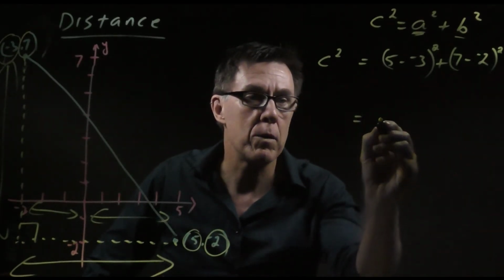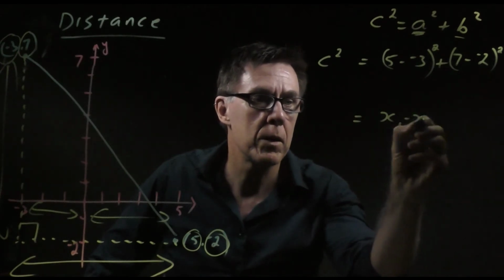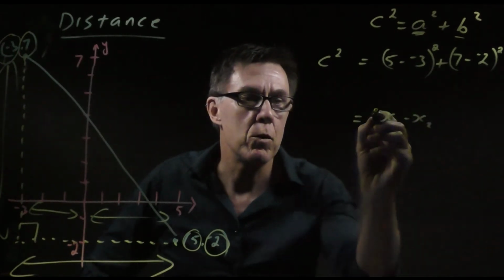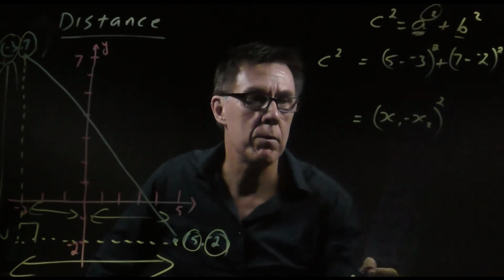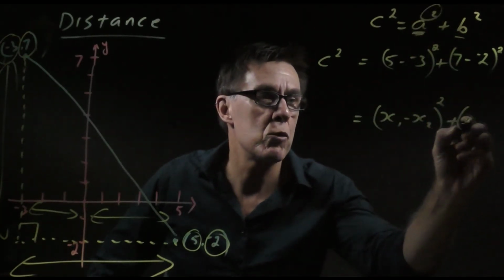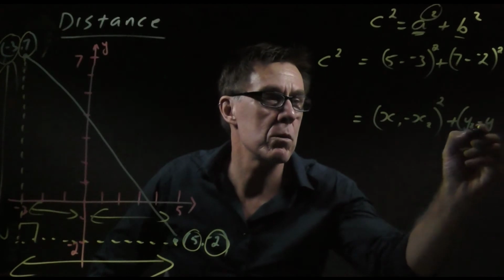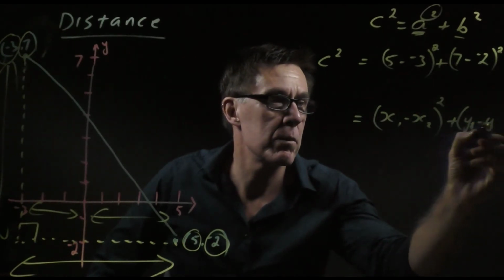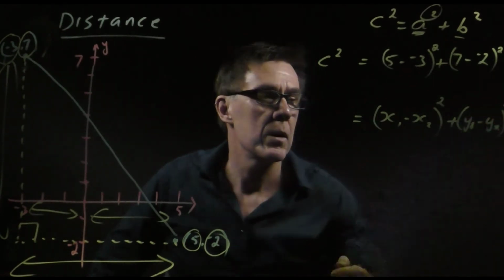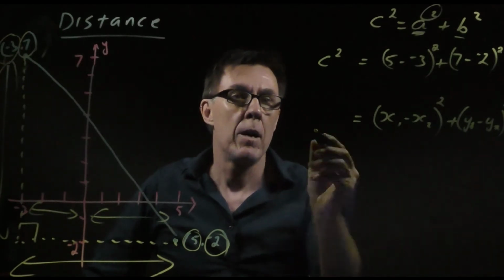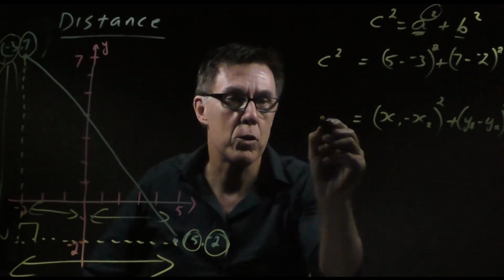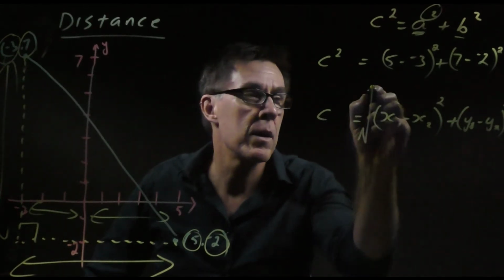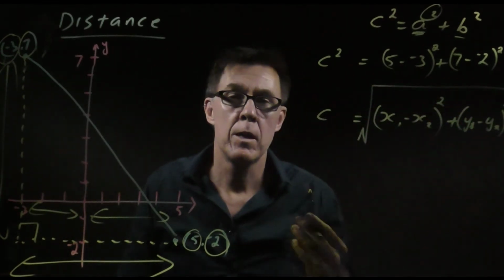Our general formula is going to be, I just subtract the x values, which will give me the distance in the x direction, which I have to square. To that, I then subtract the y values, and that'll be squared. And of course, we don't want c squared, we want c, the hypotenuse on its own, which means we have to take the square root.